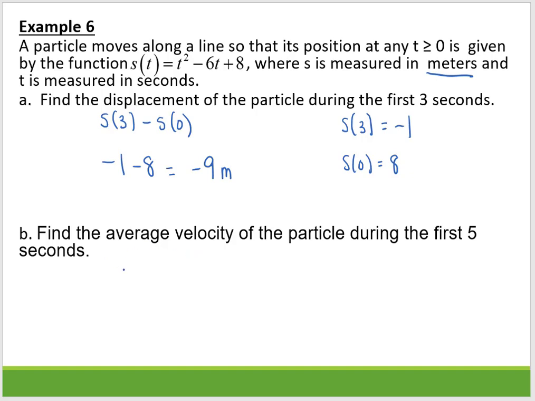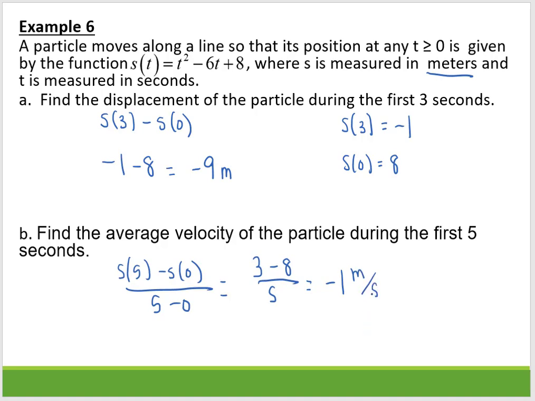Now, average velocity, that is s of 5 minus s of 0 over 5 minus 0. s of 5 ends up being 3, minus 8, over 5. That ends up being a negative 1. Now, units on velocity. The units on the top are meters. The units on the bottom are seconds. That's how I get that.